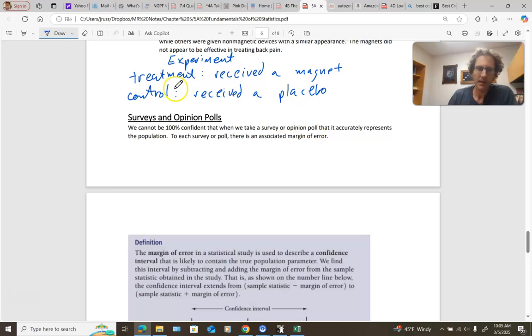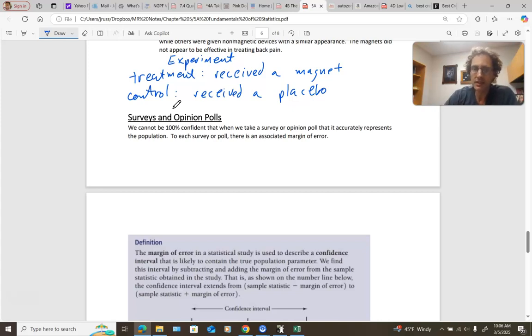So the last thing we're going to look at is germane to conducting survey and opinion polls. Really any sort of polling for that matter. Remember that we try to get an idea of how the population feels, or some characteristic of the population, by surveying or polling a sample.